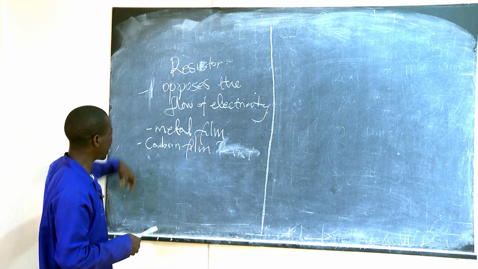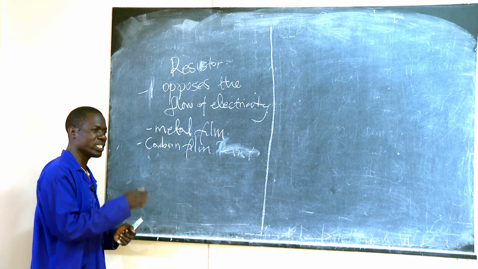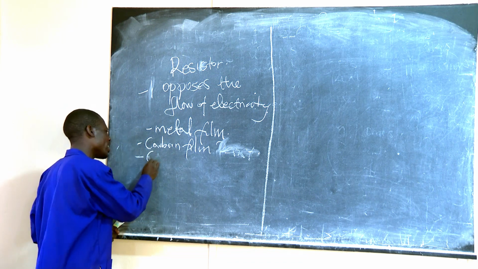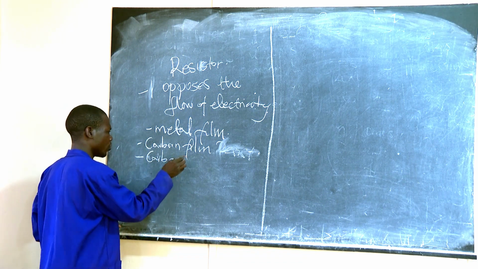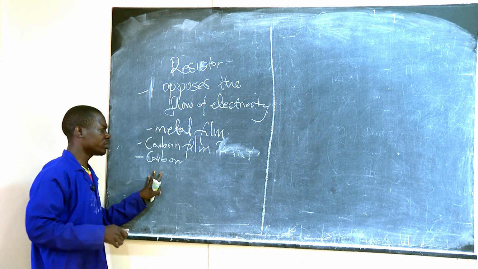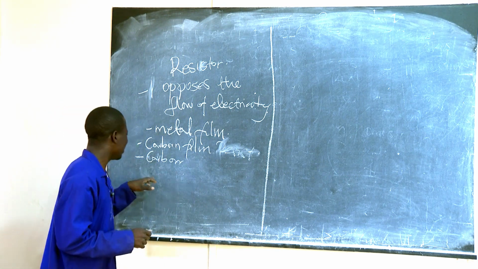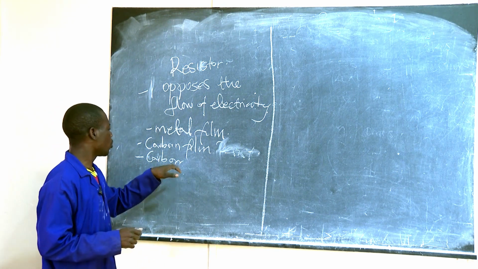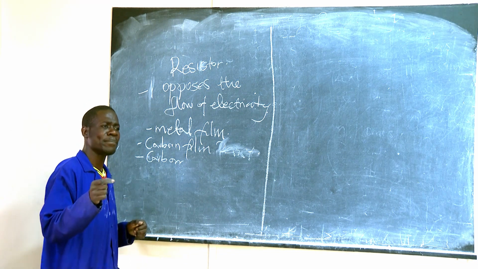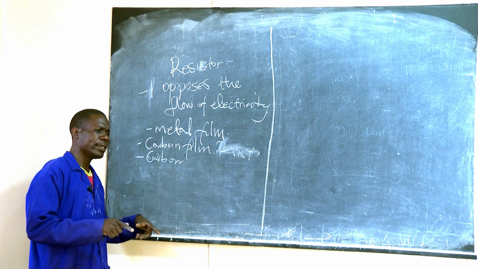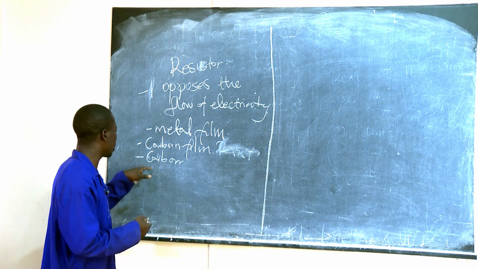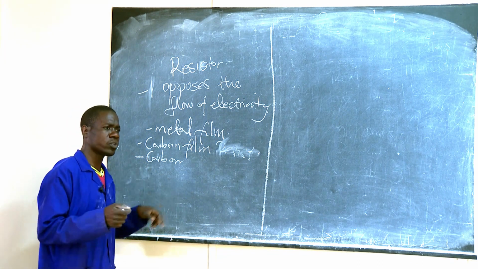Then it's also cased with an insulating material. Then we also have a carbon composition resistor. It's made out of a carbon composition with a ceramic core. Then it's also cased with an insulating material.